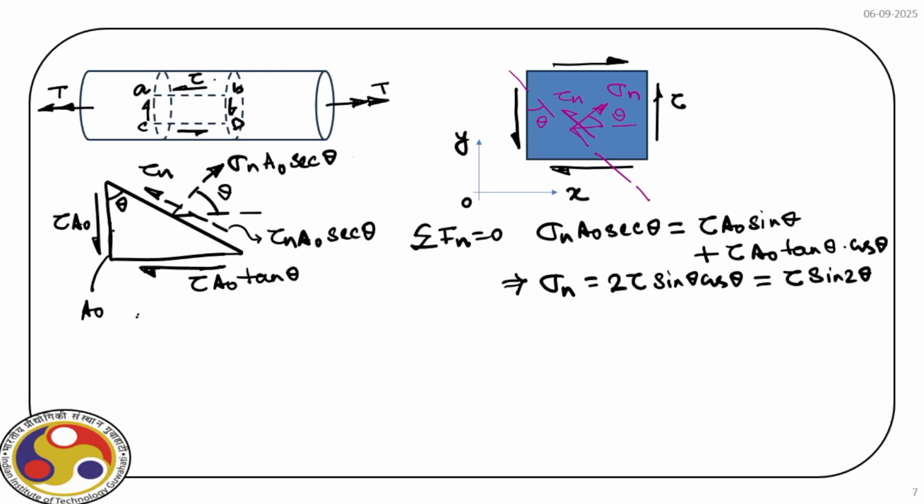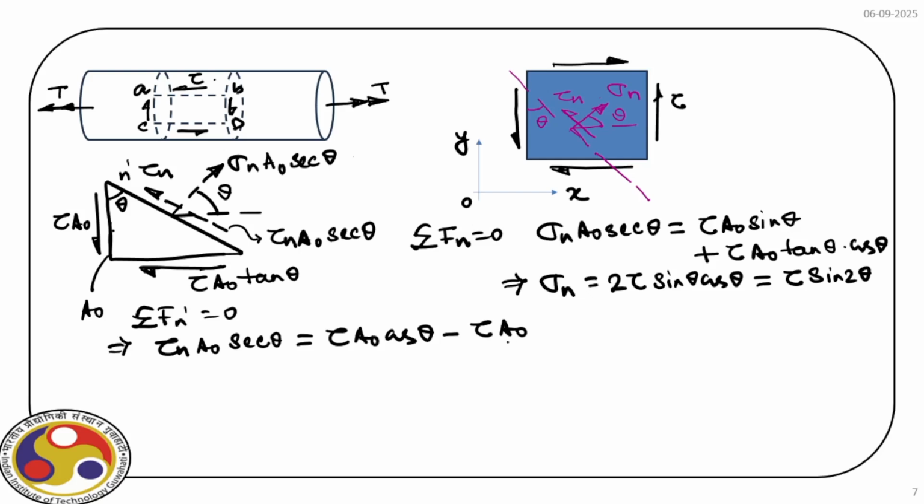Similarly, if we consider all forces along this direction, say n prime is equal to 0, then what we get? We have tau n A0 sec theta is equal to tau A naught cos theta minus tau A naught tan theta times sin theta.